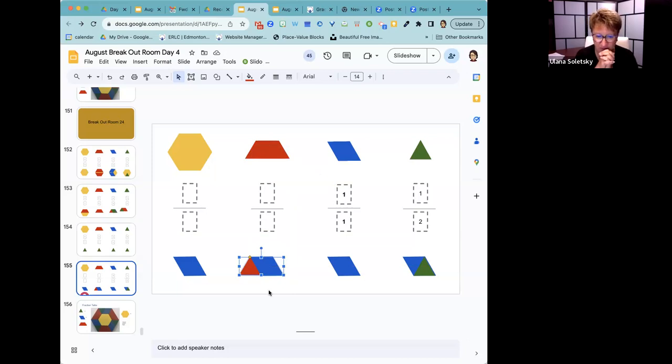By how much? Well, I can see that that red is 3 of these, right? 3 units. So I can see that this is 3 halves.